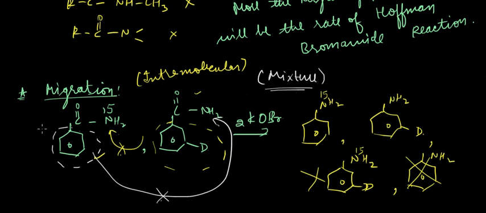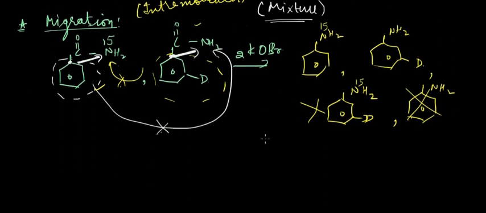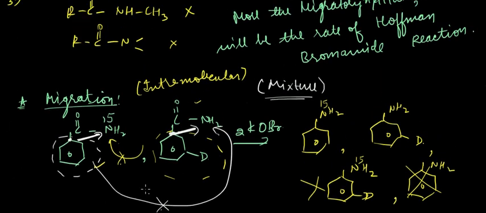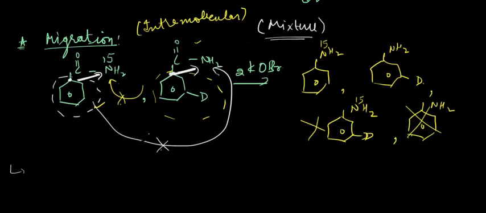This is only intramolecular, where this will migrate only to this nitrogen atom and this will migrate only to this nitrogen atom. Cross migration or intermolecular migration won't be there. So the fourth point in the characteristics is that migration is intramolecular.